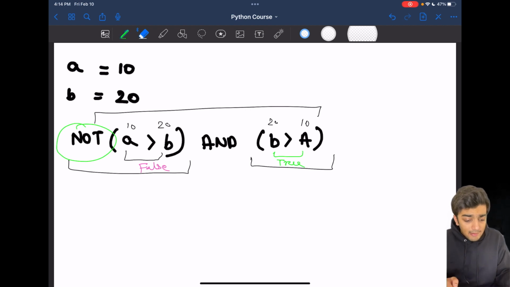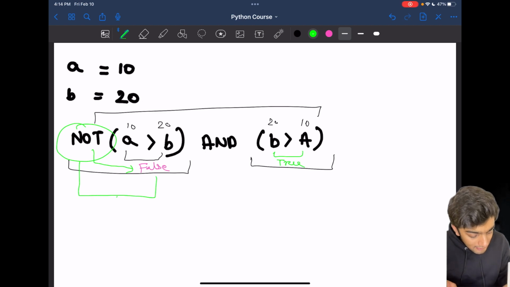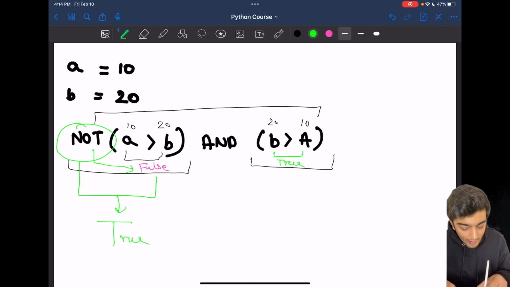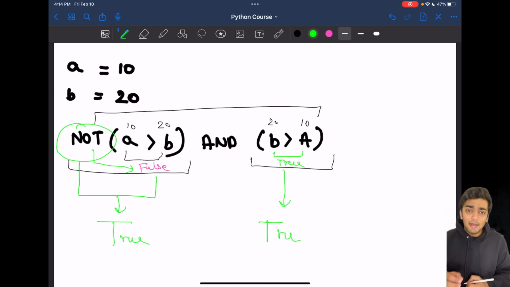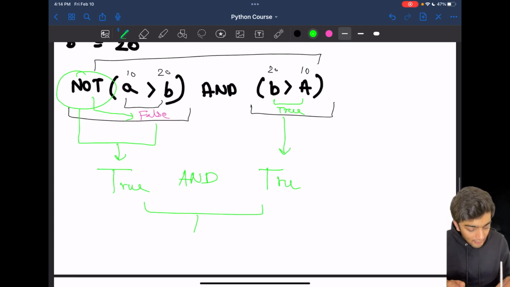So in this case, we have not false, which makes it true. So finally, this condition would have a final value of true, and this condition has a final value of true. And as we looked at it in the last one, true and true gives you a final true.